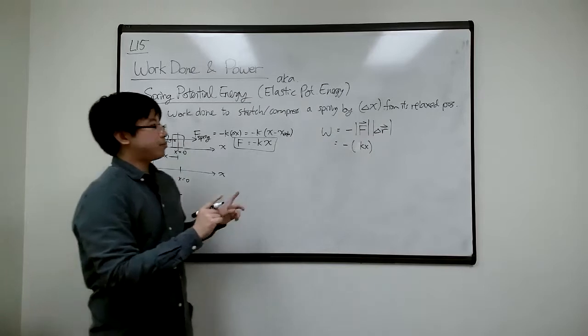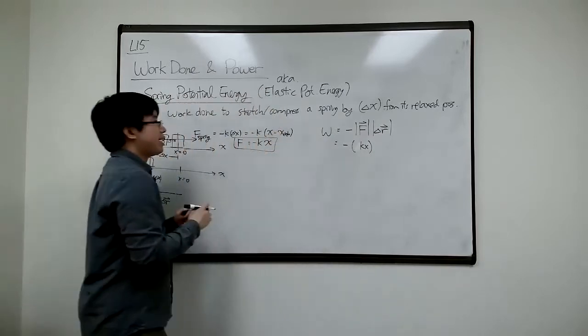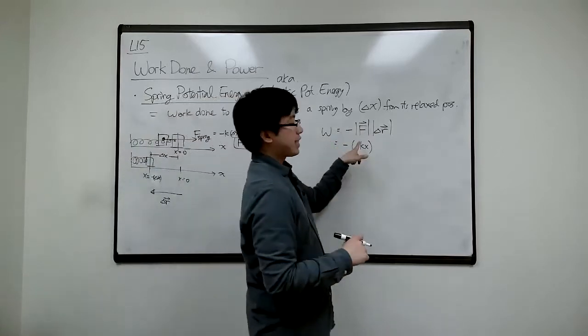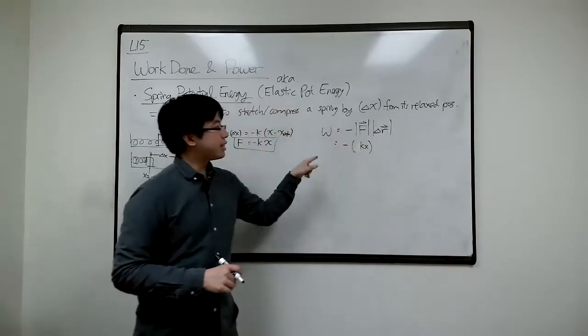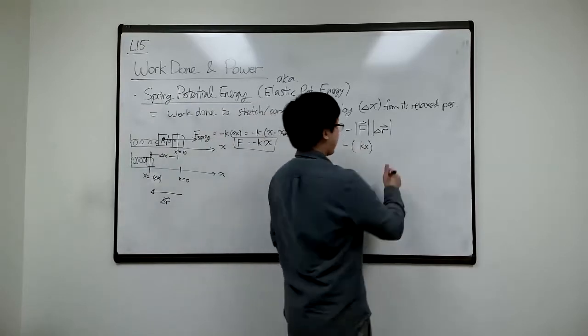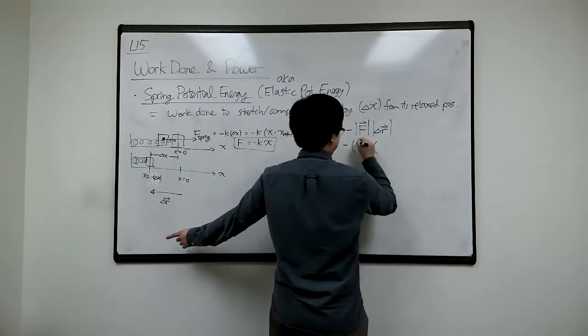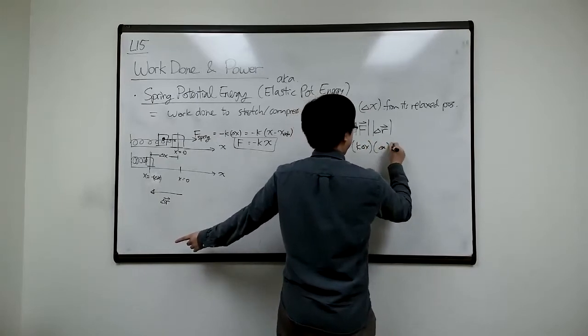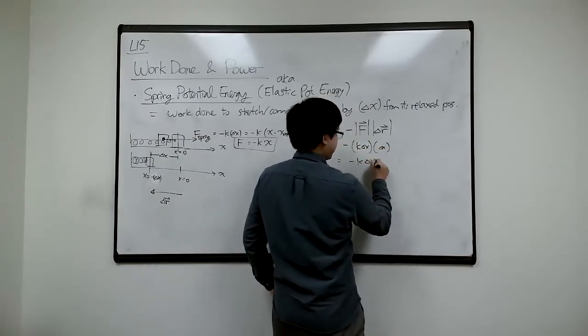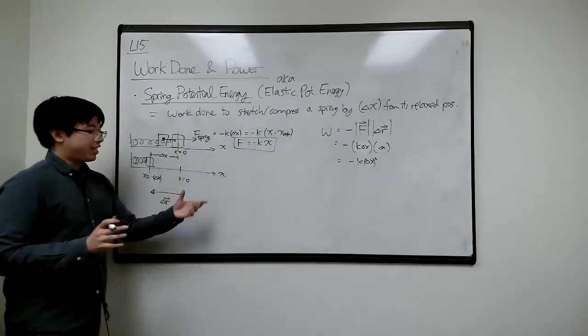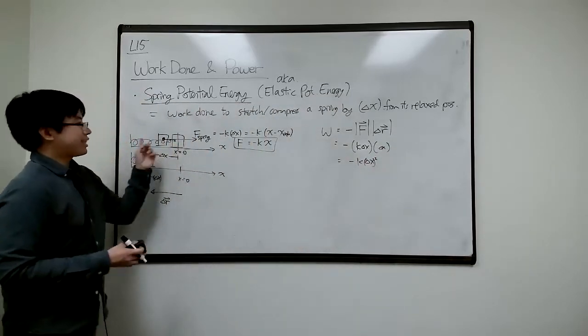You see there is an issue if I use this, because I'm using it as if the force is constant. So I cannot use this formula, because if you just naively put this in, you'll come out with a problem. You get this, which is not what we want.